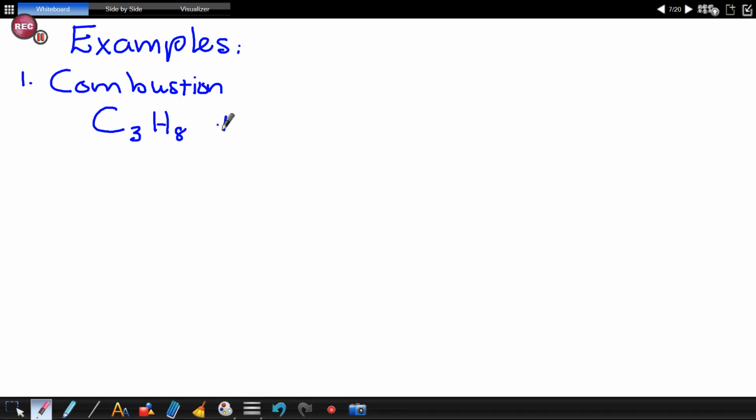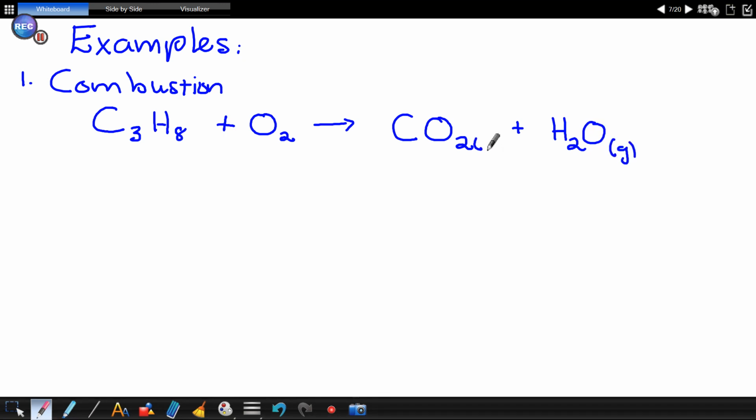Okay. We mix this with oxygen, and it will make 2 products. It will form carbon dioxide, that increases your carbon footprint in the atmosphere, and water vapor. At the temperature it is formed, everything here will be gases. Oxygen is a gas. This propane is also a gas.